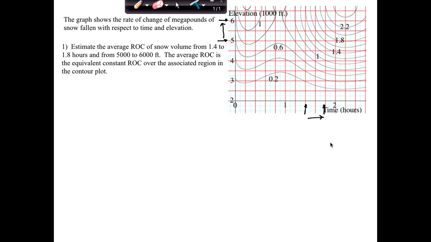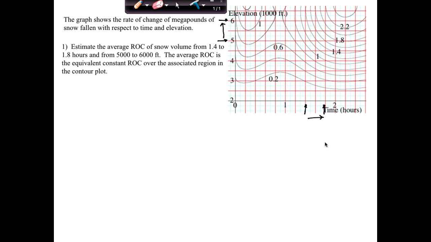So in that time and elevation range, the rate of change varies. But if you were to come up with one approximate rate of change for that elevation range and time range, what would it be?